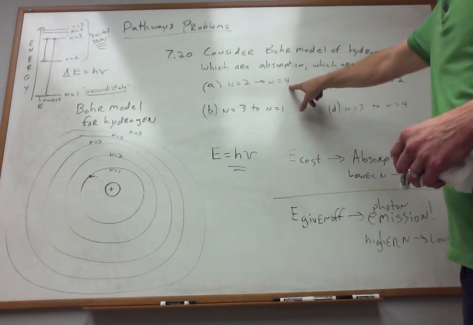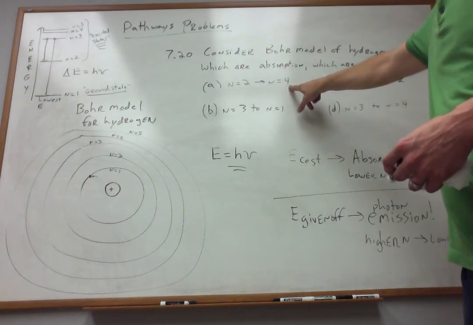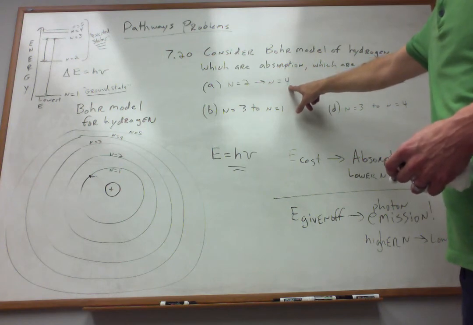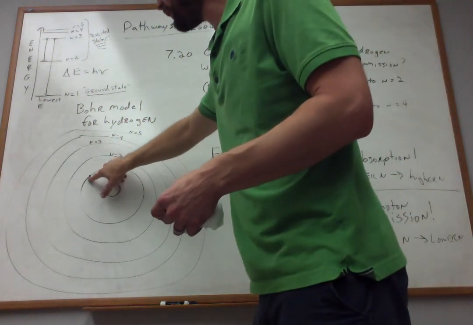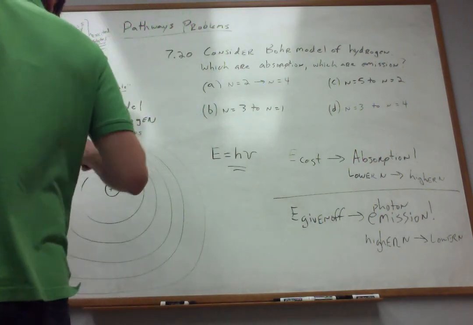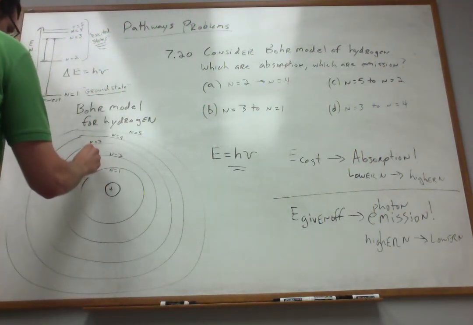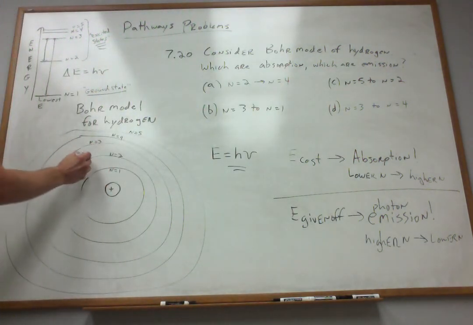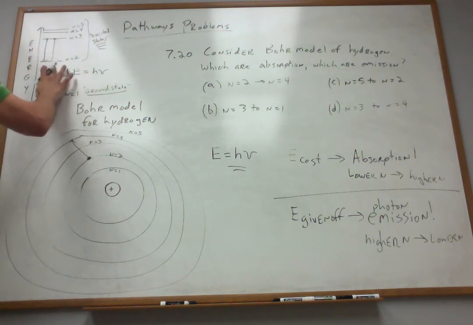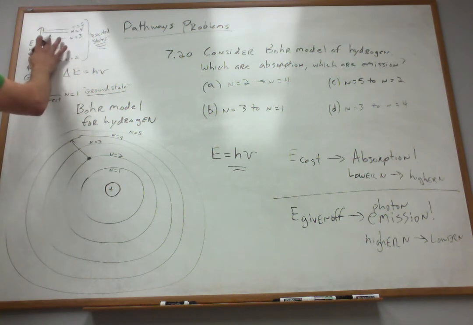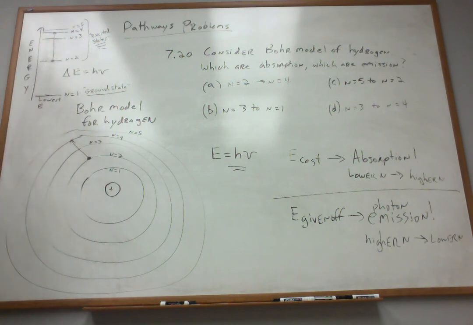Let's talk about this first one. In A, we go from the n equals 2 and we end up in the n equals 4. So the electron starts not in the n equals 1, but here in the n equals 2. And pictorially it goes up to 4. If I want to draw a picture of it up here in my energy level diagram, I would start in n equals 2, which is right here, and I'd promote that up to n equals 4.